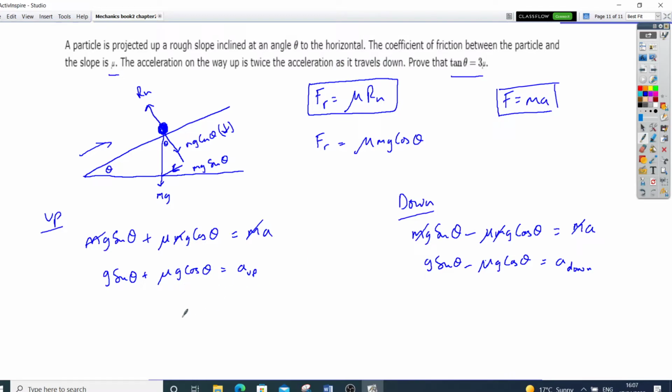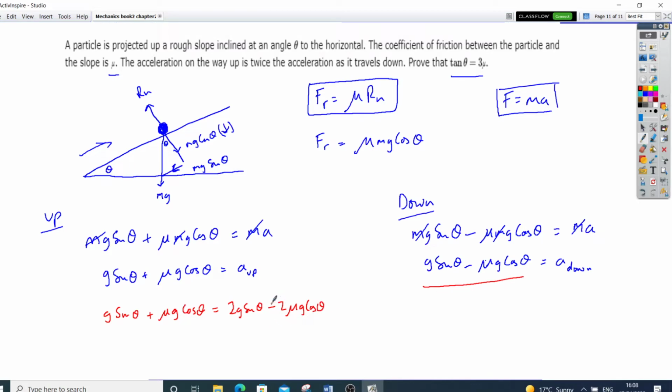So let's do this in red. Now we know that g sine theta plus mu g cos theta is equal to twice this coming down, so that's 2g sine theta minus 2 mu g cos theta.